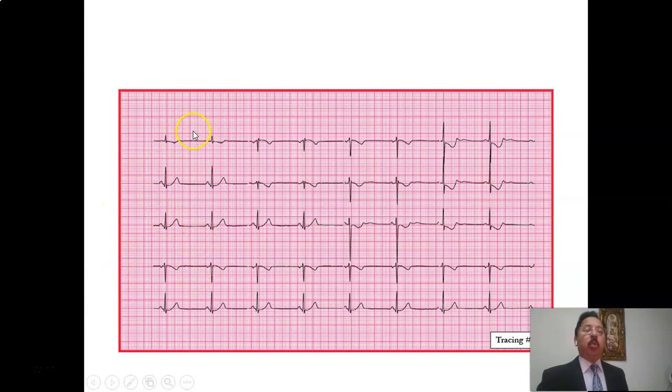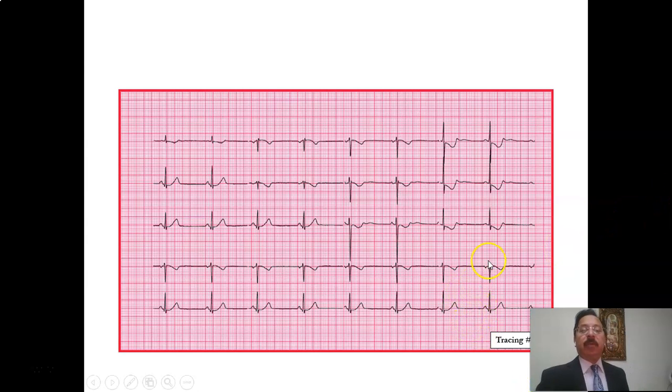This is lead 1, 2, 3, AVR, AVL, AVF, V1, V2, V3, V4, V5 and V6. And in the bottom 2 rhythm strips, the first is V1 and the second is lead 2. But we will focus on the upper part of this ECG, and we will focus on the ST segment and T wave inversions and Q waves.